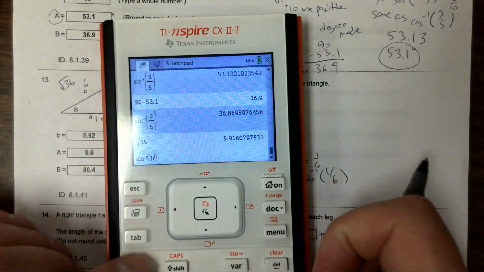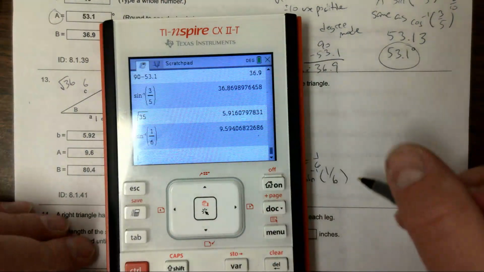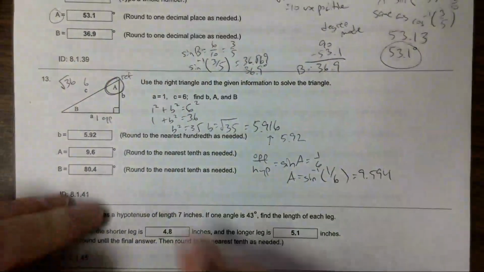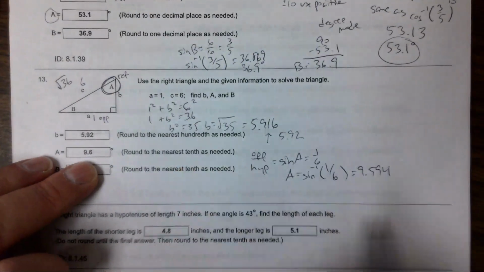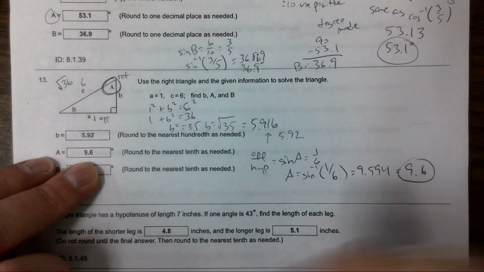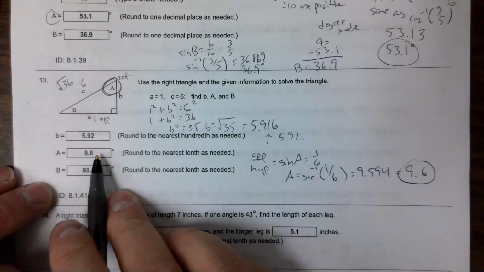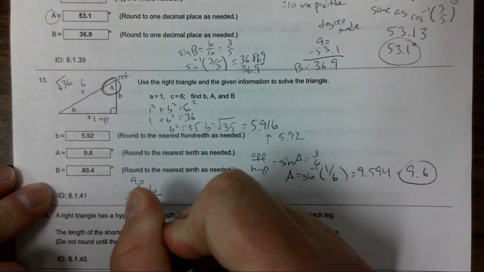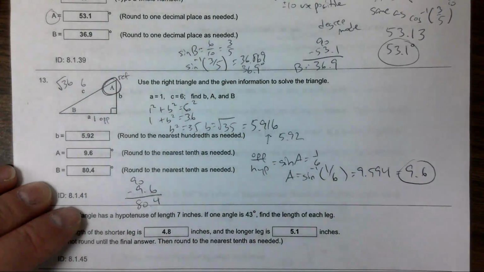Inverse sine of 1/6 is 9.594. We just need one decimal place, so 9.6 for your answer. The other one would have been 90 minus 9.6, which is 80.4.